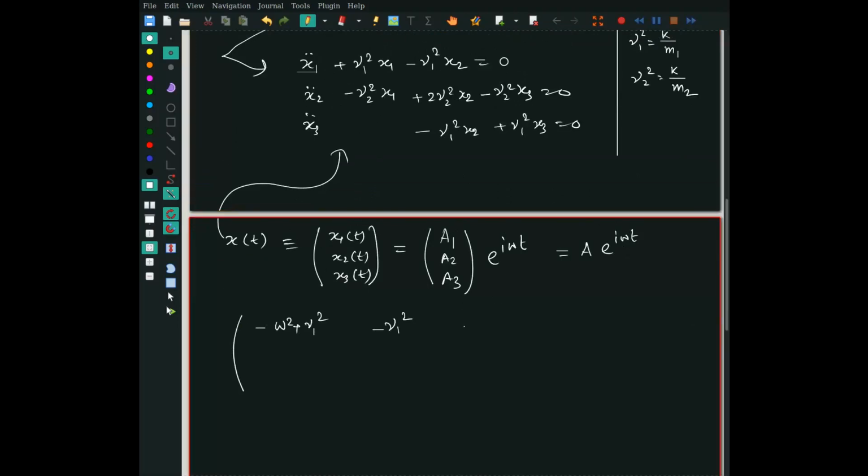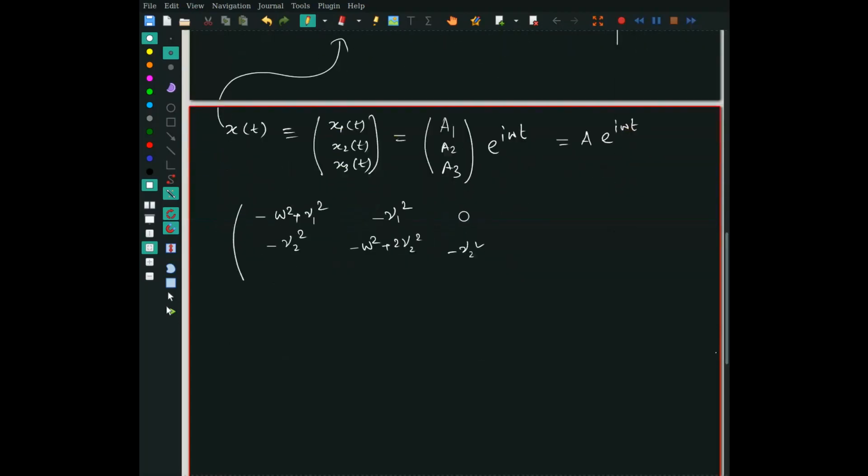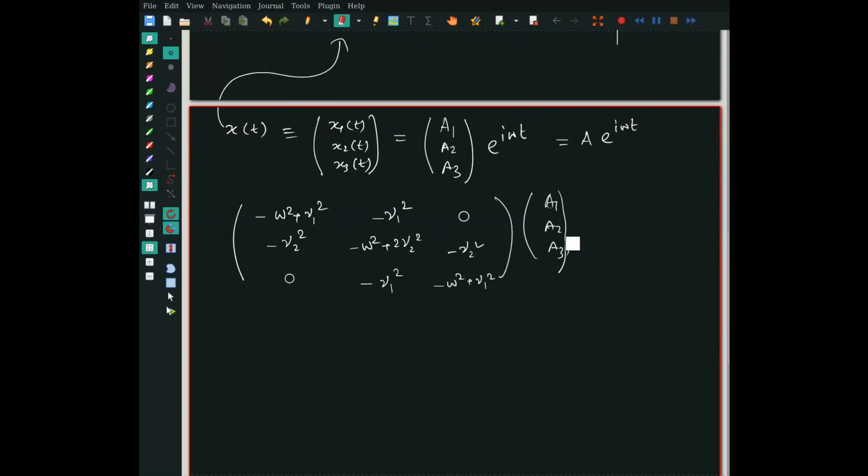Then minus nu 1 square, 0; minus nu 2 square, minus omega square plus 2 nu 2 square, and minus nu 2 square; and 0, minus nu 1 square, minus omega square plus nu 1 square; and then a1, a2, a3 equals 0. So this will be your form of the equation in terms of a1, a2, a3.